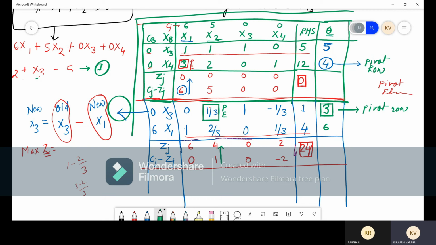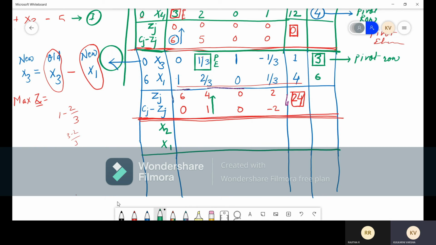Okay, so now in the next iteration, instead of x3, we will have x2. The coefficient for this is 5, and the coefficient for this is 6, right? And then we need to find out the values for this and this. Which one will we find first? x2, because x2 is newly entered, right? For the newly entered variable, we'll find out first. How? We take the previous iteration and check which is the pivot row and which is the pivot element.